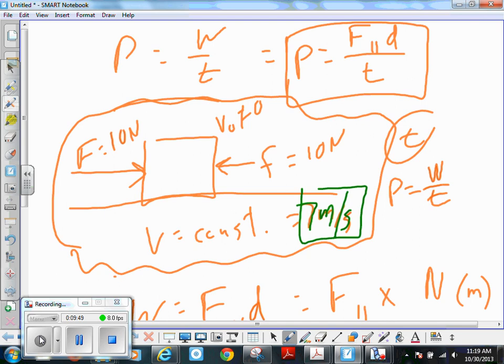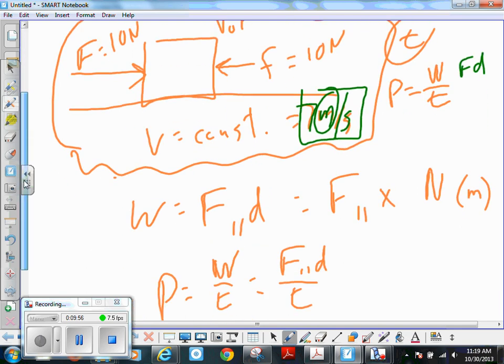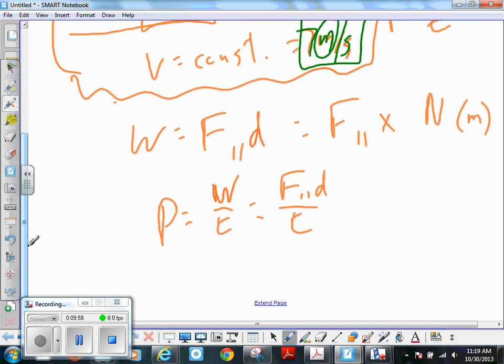Okay? If you're thinking of power as force times displacement, ask yourself, what is meters? So if we look at this right here, what is d over t? D over t labels would be, force times d over t can be rewritten as m over s, right?